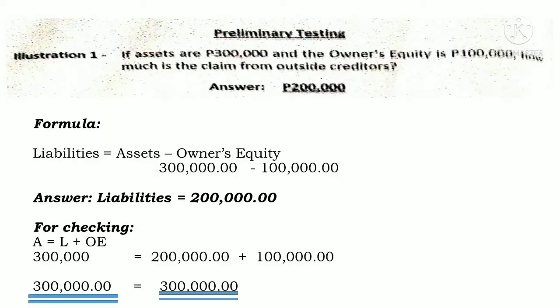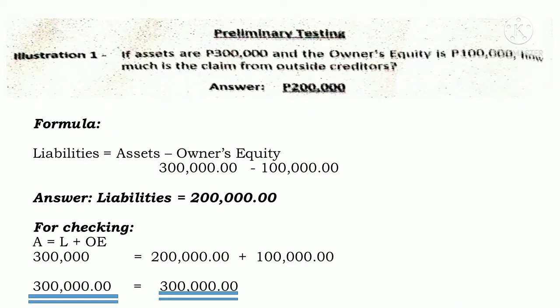Preliminary testing. Illustration 1, if assets are 300,000 and the owner's equity is 100,000, how much is the claim from outside creditors? So ang pangutana kung pila ang utang, kung ang assets is equals to 300,000, unya ang owner's equity is 100,000.